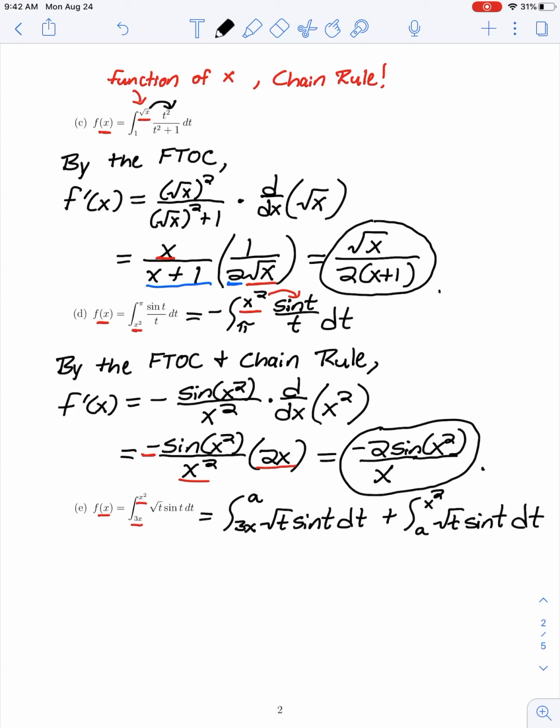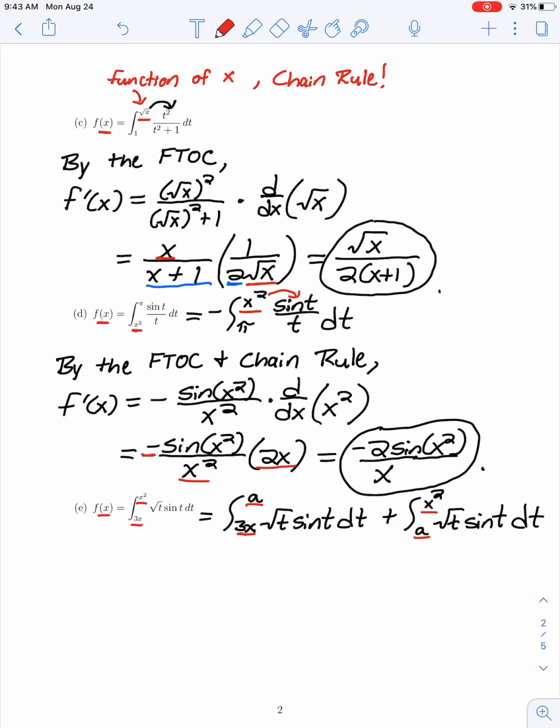So recall from properties of definite integrals that you can split your interval, in this case from 3x to x squared, into two parts. We could first integrate from 3x to any number a, and then we would integrate from a to x squared.